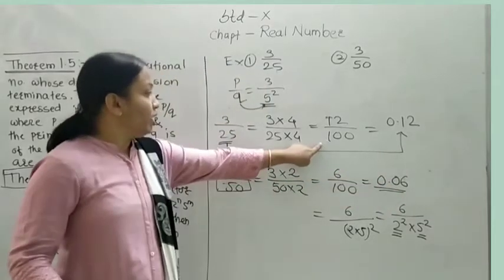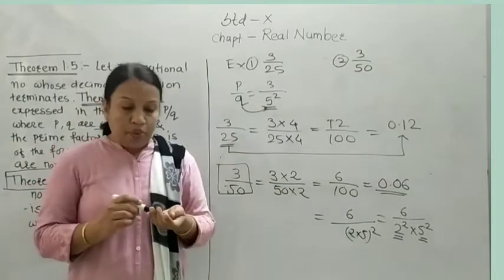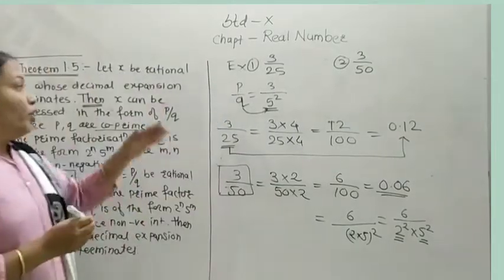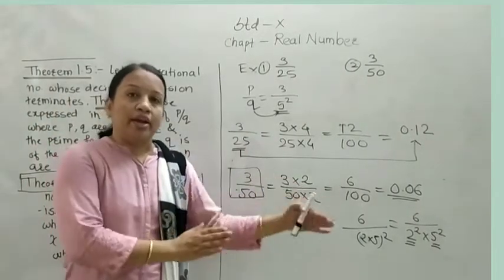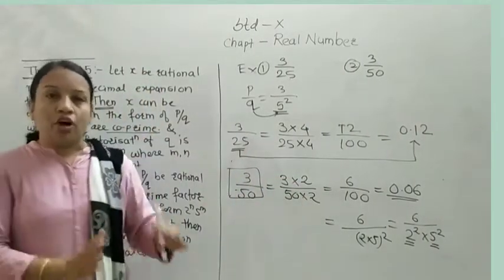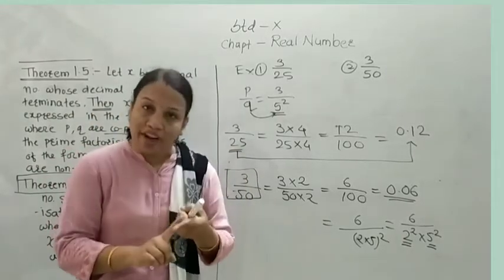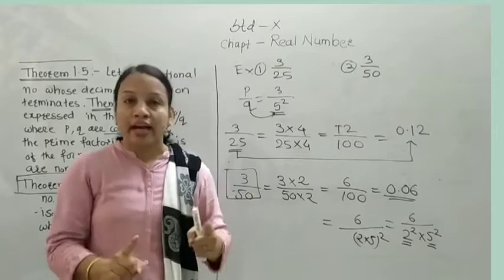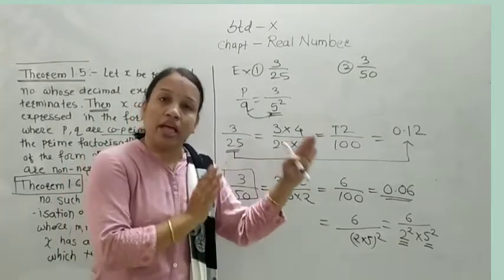Here also the 2 is there, and by division also you can prove it. Now this is how we can directly say whether p by q is terminating or not. If the denominator has powers of either 2 or 5 alone or both together, that time that p by q is definitely a terminating decimal expansion.